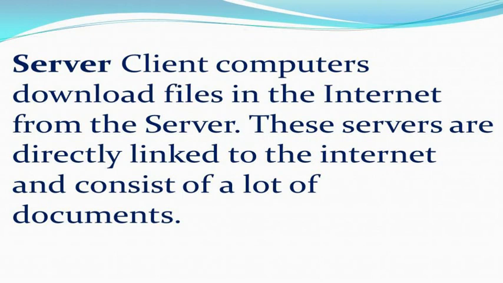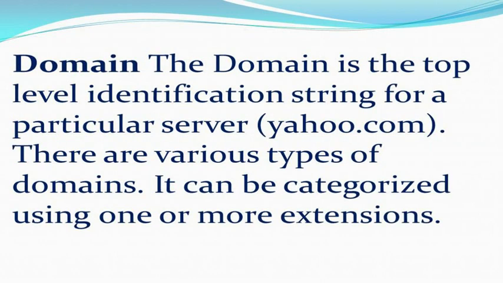These servers are directly linked to the Internet and consist of a lot of documents. Domain. The domain is the top-level identification for a particular server, for example, Yahoo.com. There are various types of domains. It can be categorized using one or more extensions.